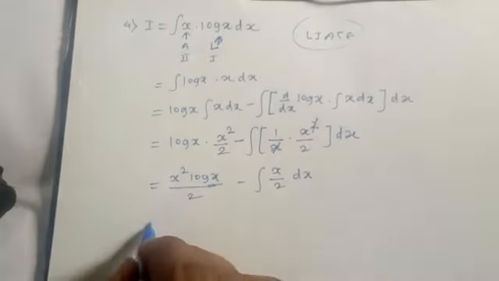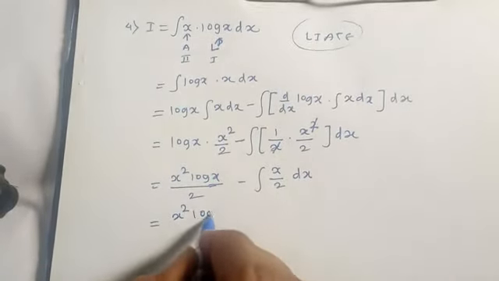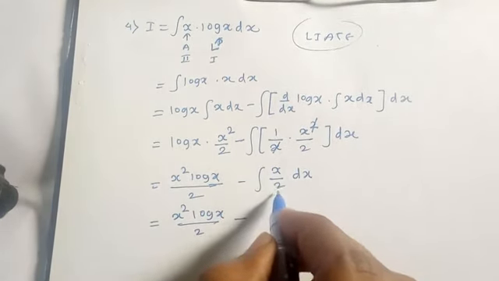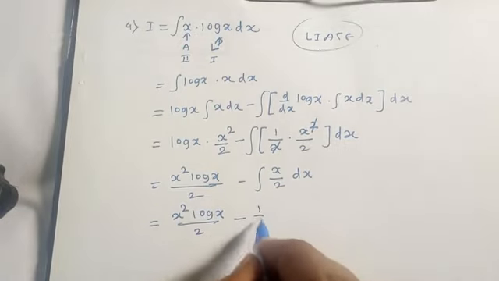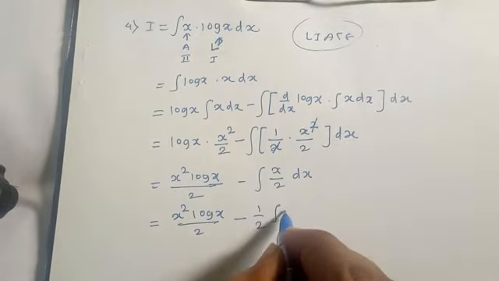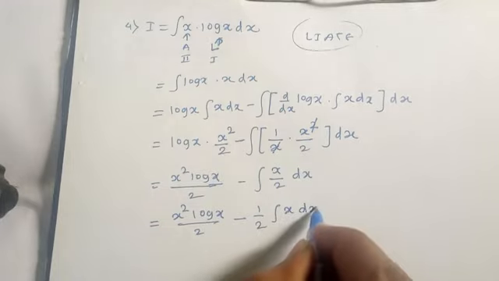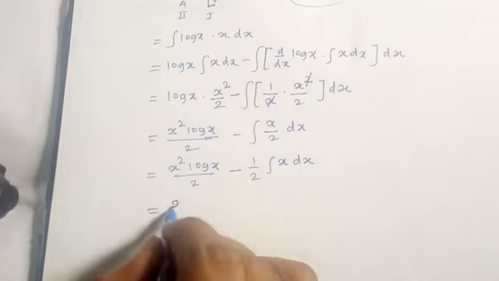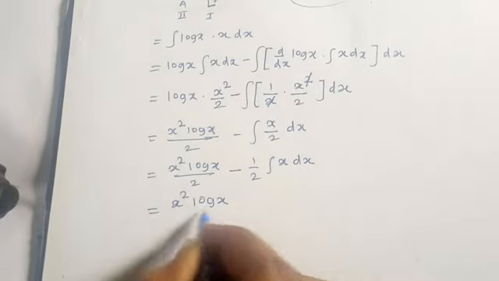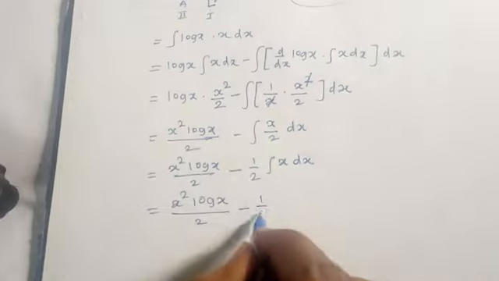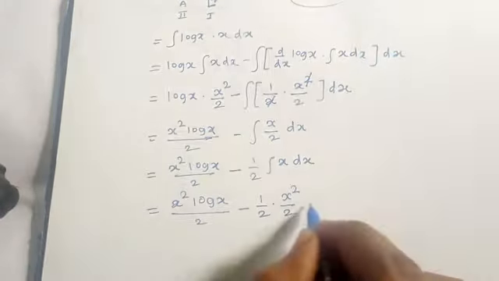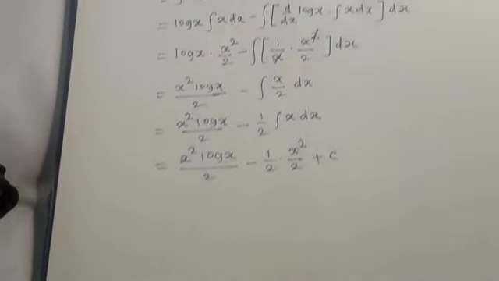So that is equal to x square log x upon 2 minus, this 2 in the denominator is a constant, so take 1 by 2 as common, and only the integration of x remains, and we know that the integration of x is x square upon 2. So our answer is x square log x upon 2 minus 1 by 2 into x square upon 2, and then finally plus the constant of integration c.